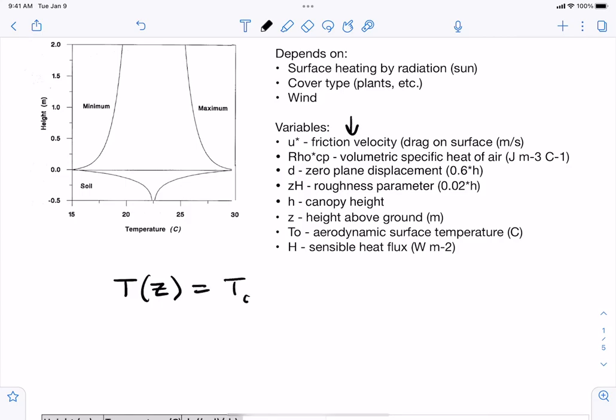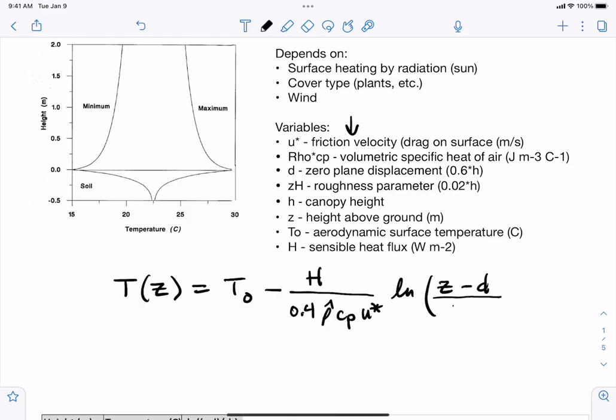That's equal to an aerodynamic surface temperature T0 minus the sensible heat flux divided by 0.4 times rho Cp, which is the volume-specific heat of the air, times a variable called U star, which is the friction velocity. Now we multiply all of that by the logarithm of z, the height above the surface, minus d, which is the zero plane displacement, divided by zh, which is a roughness parameter.